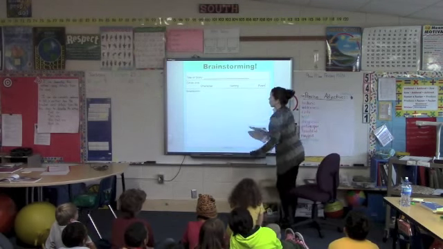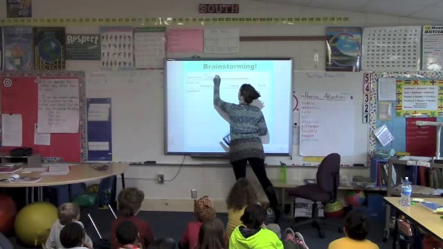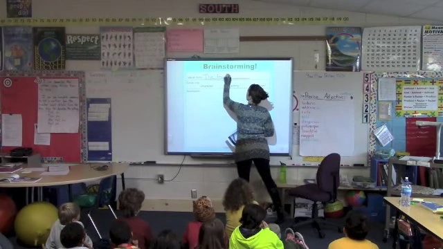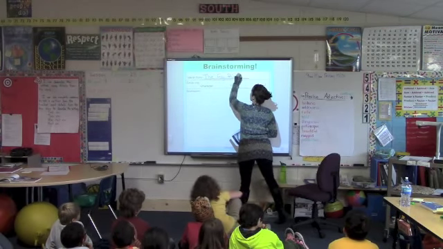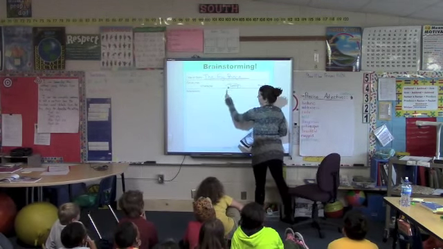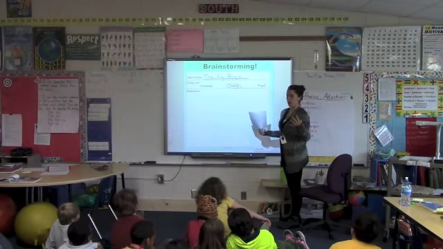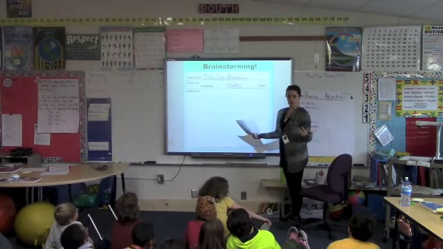First I'm going to write down my story, so it's The Frog Prince. And circle one that I'm going to be talking about, I'm going to be talking about the setting. So my brainstorm, the first thing I'm going to do is try to decide how I am going to organize my thoughts.